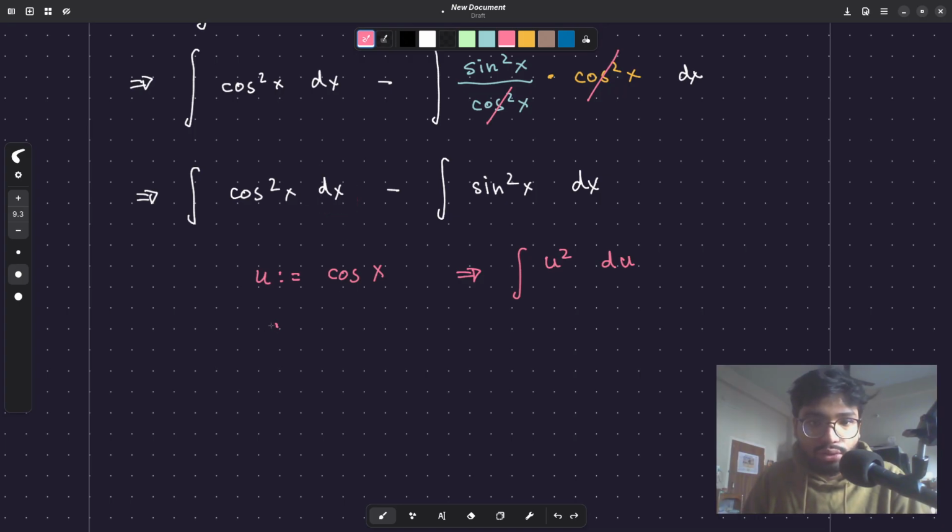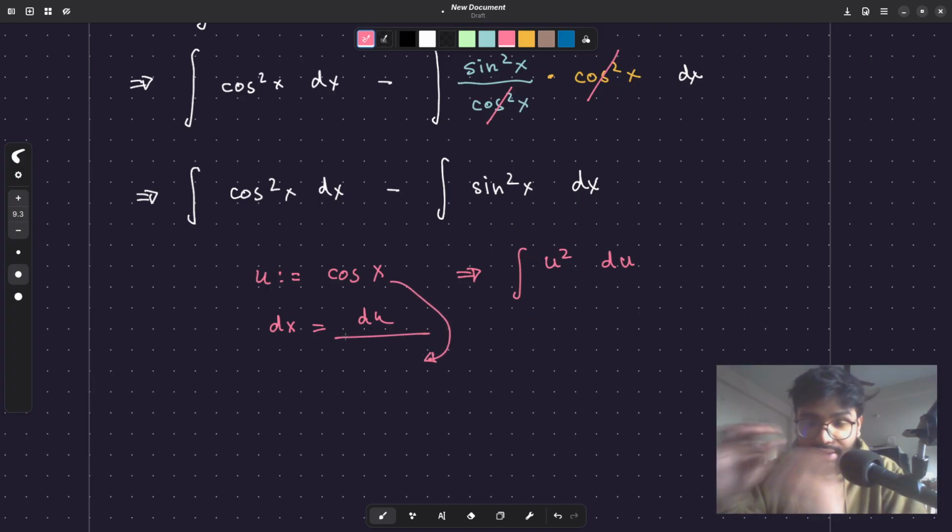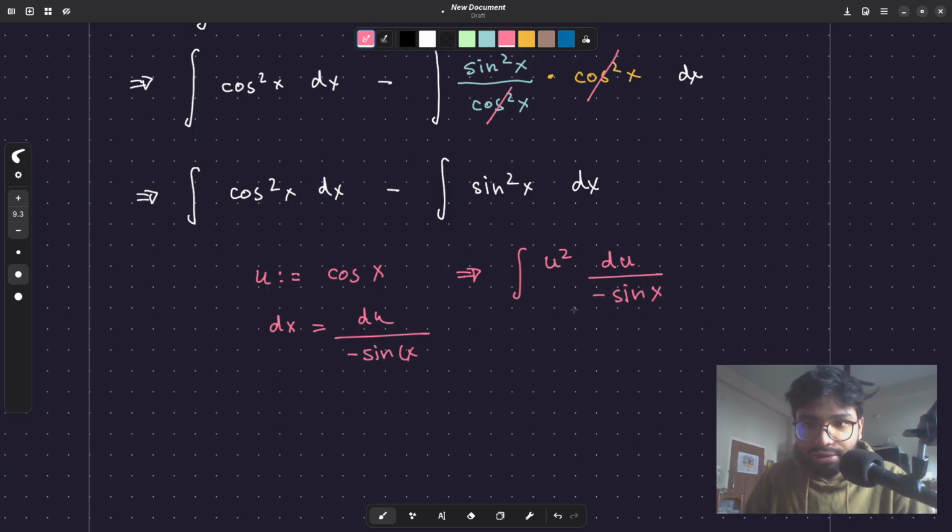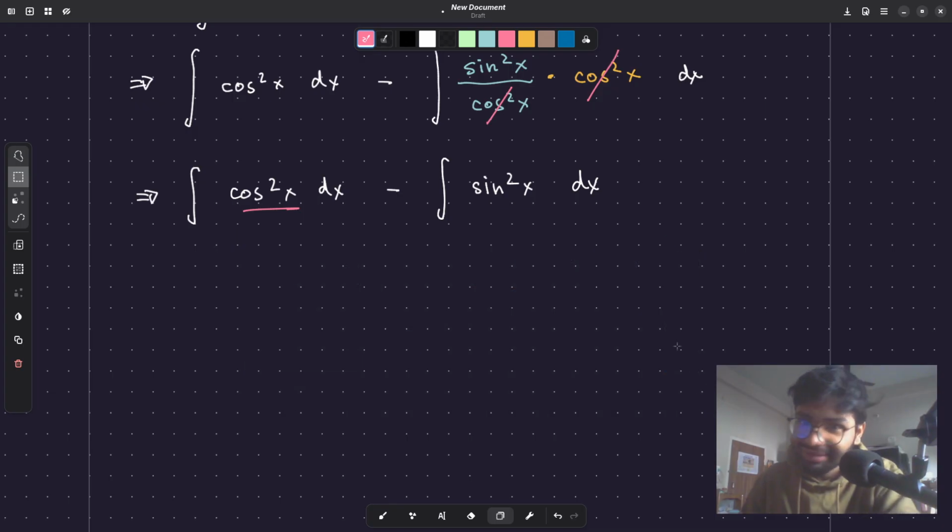So dx equals du divided by the first derivative of cosine of x, which is minus sine of x. But there is no sine of x, so we cannot simplify this. It's still in terms of x, so it's going to make things a lot harder. So we're going to do something else.